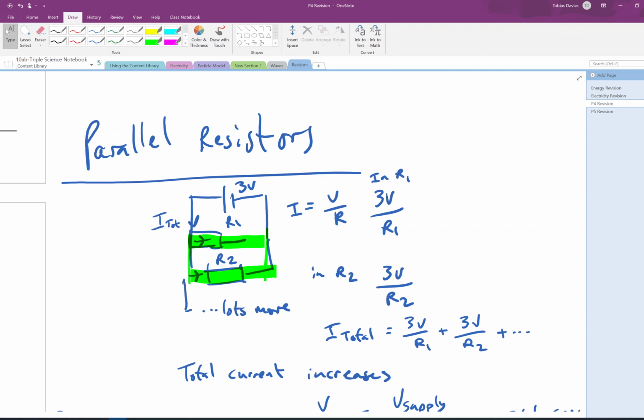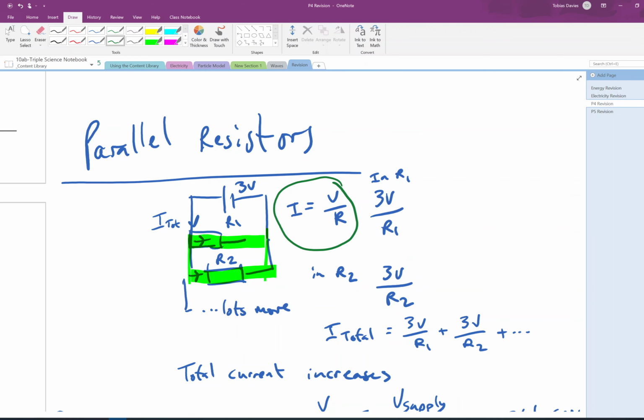So the current through each resistor is equal to V over R, and this is just Ohm's law rearranged. So my voltage was 3 volts, and I said that the resistance of the first resistor is just going to be R1. Then in the second resistor, R2, I've got current 3 volts over whatever R2's resistance is.